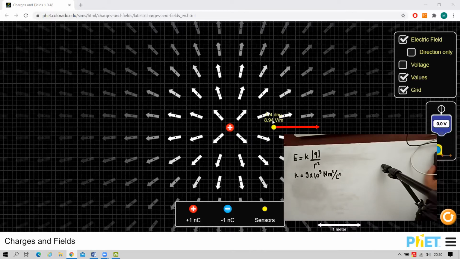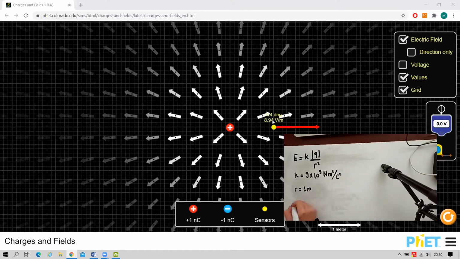You just do this calculation, KQ divided by R squared. Instead of R, you put R equal to 1 meter, and K is 9 times 10 to the 9.